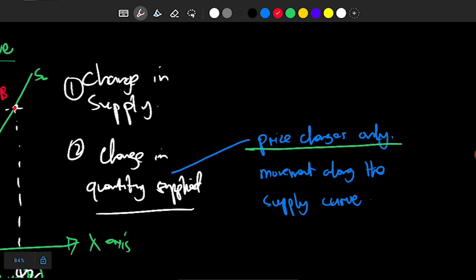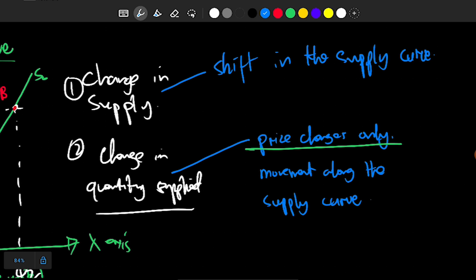Let's look at a change in supply, which refers to a shift. This is basically a shift in the supply curve, the overall supply. Depending on whether the factors that are making this shift occur are leading to either an increase or a decrease in supply, this curve may shift either to the right or to the left.